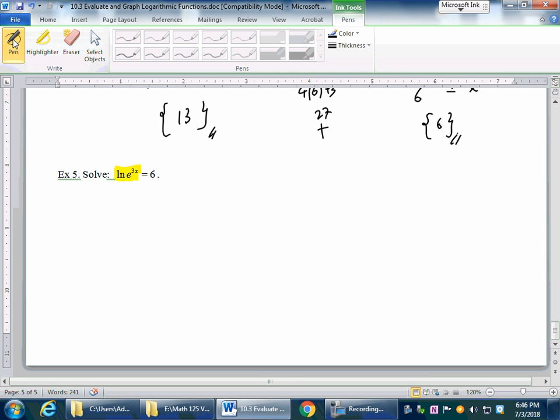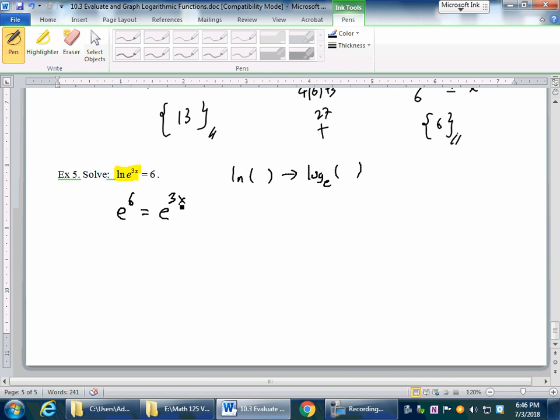Remember from example 2, ln is basically log of base e of the argument. So when I rewrite this into exponential form, e to the 6th power is equal to e to the 3x power. Right? Because e to the 3x is my argument in this case.